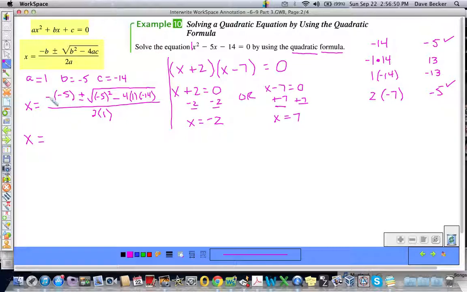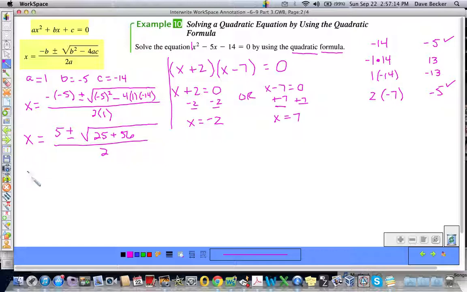X equals, let's see, negative, negative, so that's going to be positive 5 plus or minus the square root of negative 5 squared is 25. Negative 4 times 1 times negative 14 is plus 56. Good. All over 2 times 1 is 2.